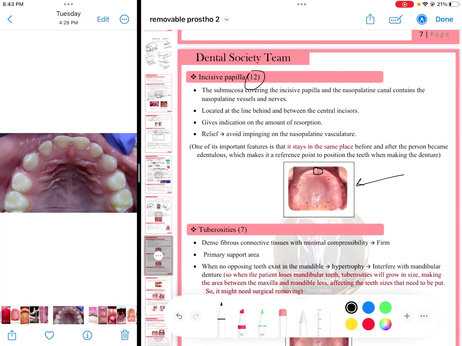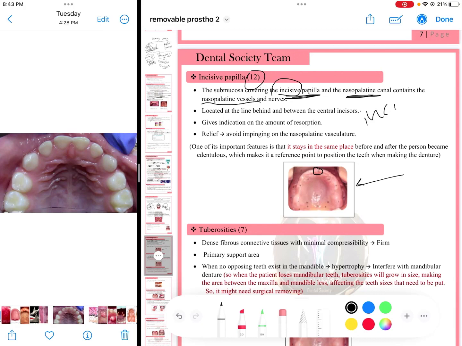The incisive papilla is the mucosa that is covering the incisive canal, and the nasopalatine canal contains the nasopalatine vessels and nerves. What's the meaning of papilla? Papilla means the submucosa or the mucosa. It is a mucosa that is covering the incisive canal, or the nasopalatine canal.